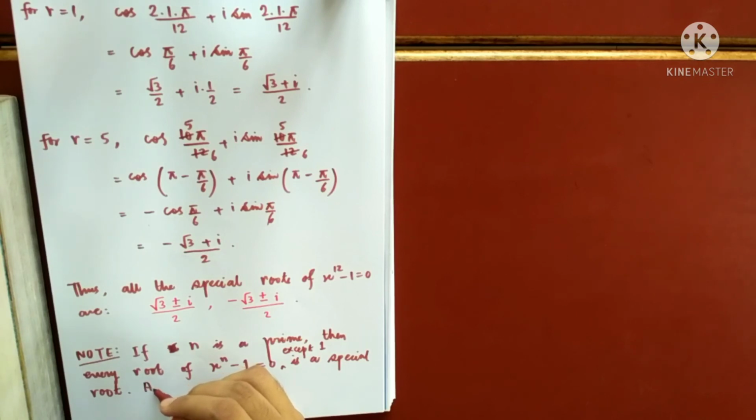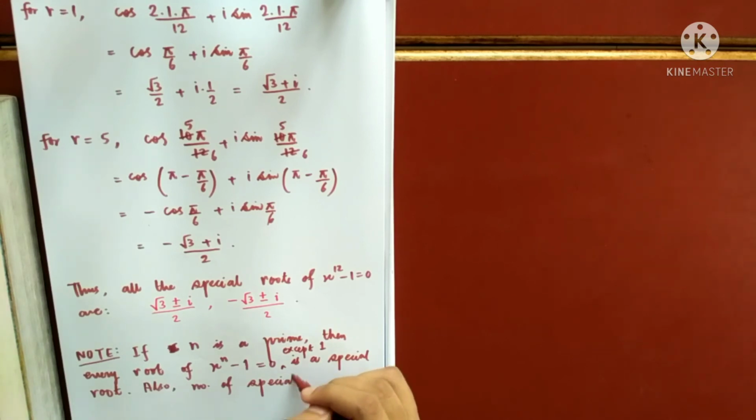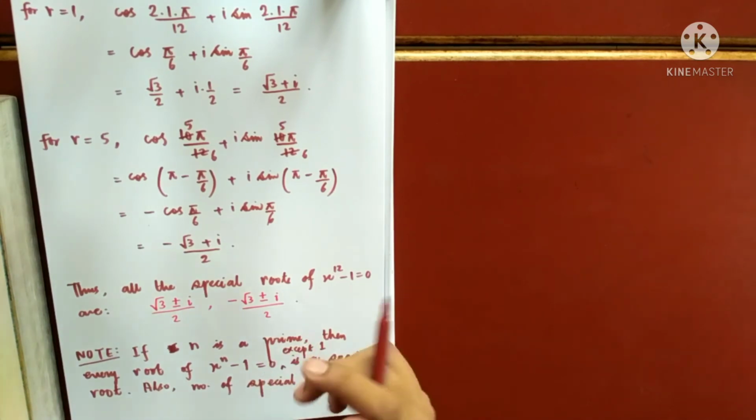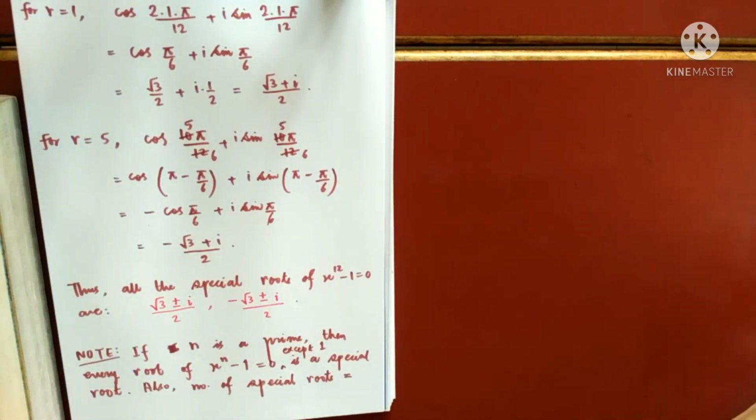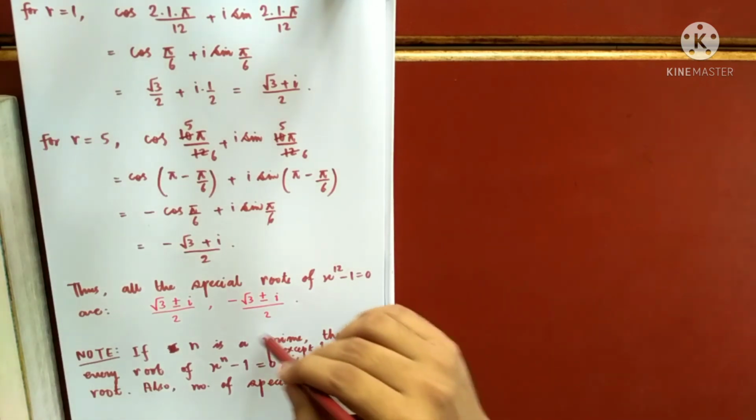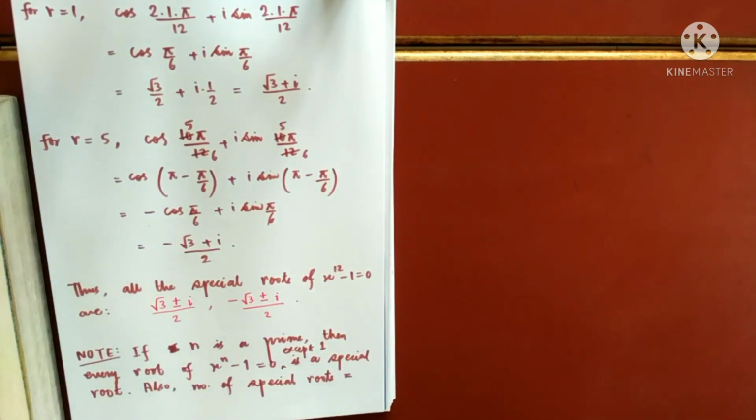Also, the number of special roots in this case will be how much? Can you tell me? How many special roots will be there in this particular case when n is a prime? n minus 1.